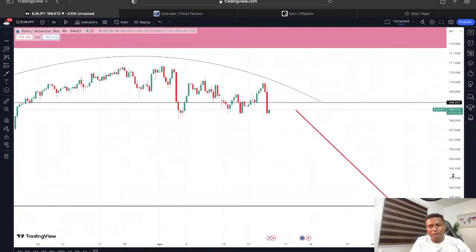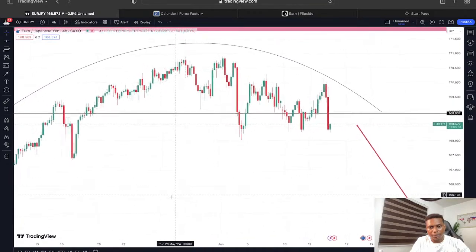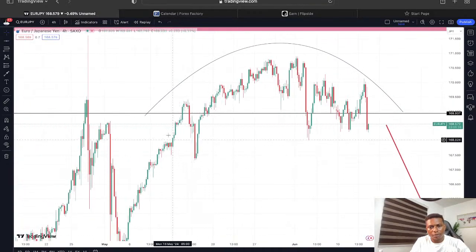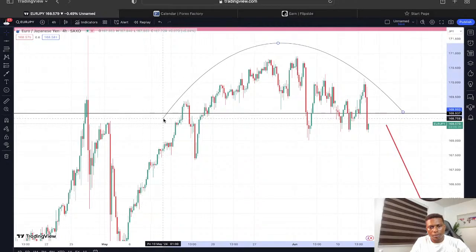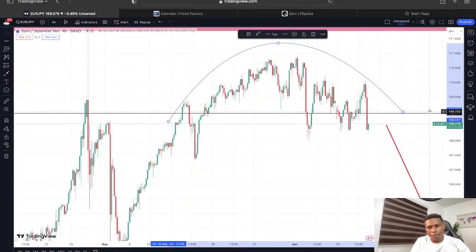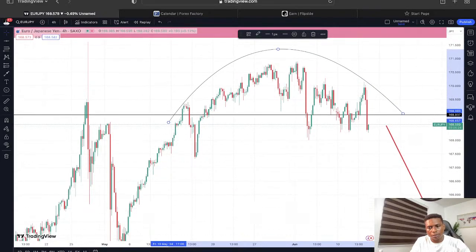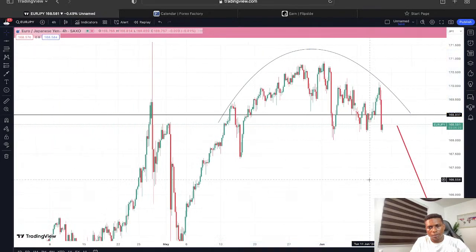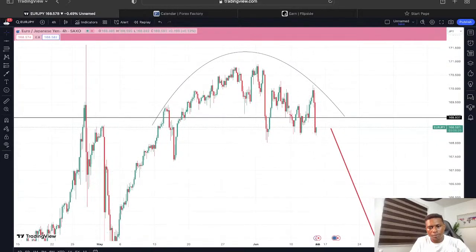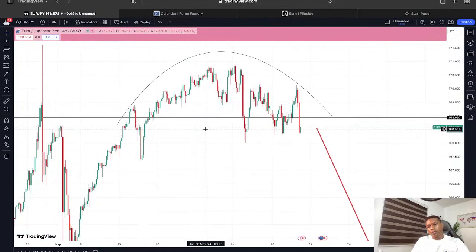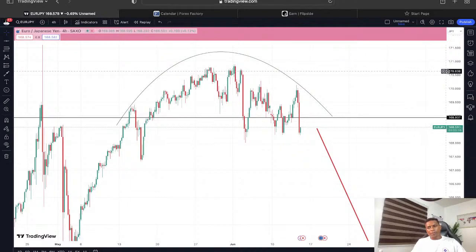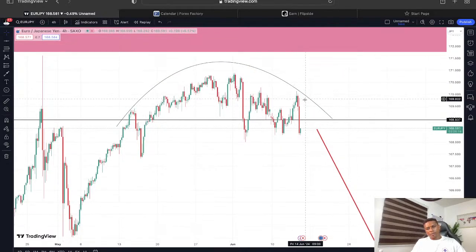You can see here on the 4 hour time frame that price had even dropped heavily in the last 4 hours.